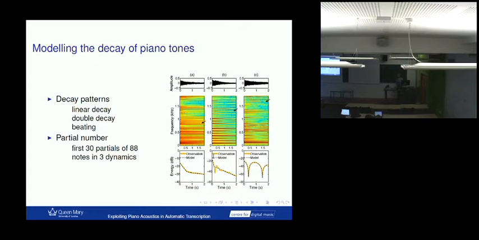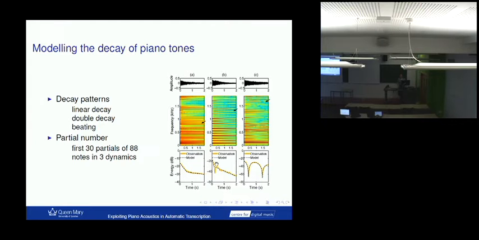Then we can see there are 2 different shapes. This is a double decay, this is also a double decay, and this is a bass one, which means decaying with a curve. The first, double decay is caused by the coupling between the soundboard and the piano strings.